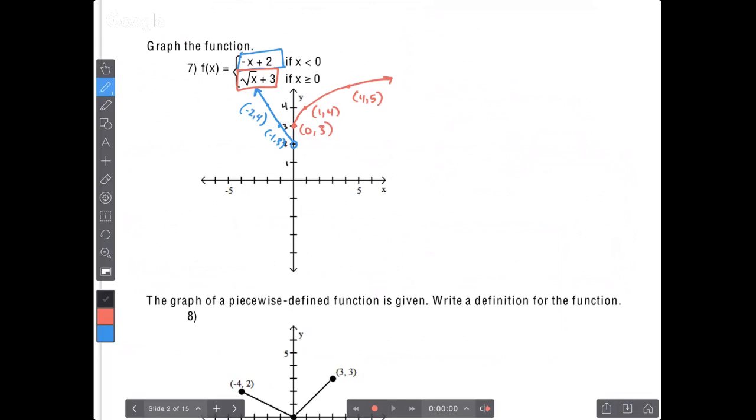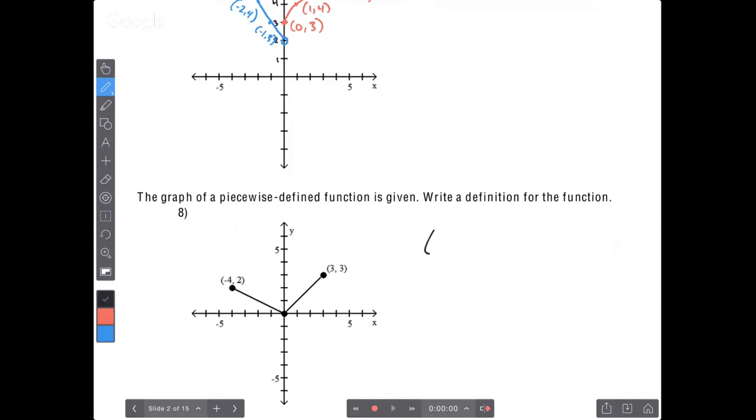Do you want 8 as well? I mean, I can do 8 really quick, right? Real fast. Piecewise function, f of x equal to, the line goes down 1 over 2, x, if x is negative 4 less than or equal to x less than or equal to 0, and then it goes just x if we're between 0 and 3.